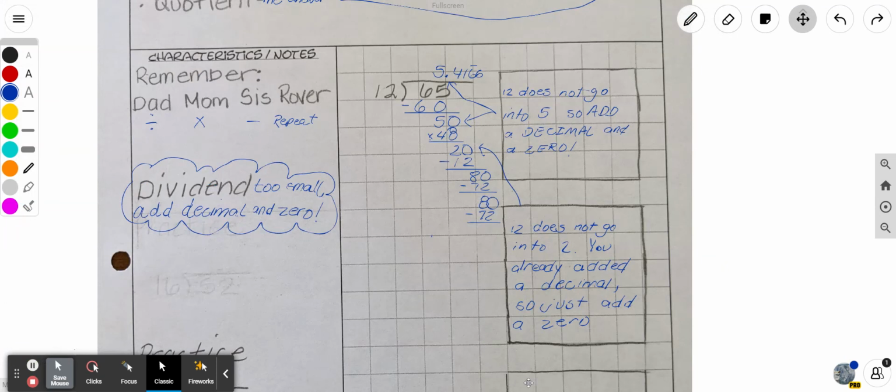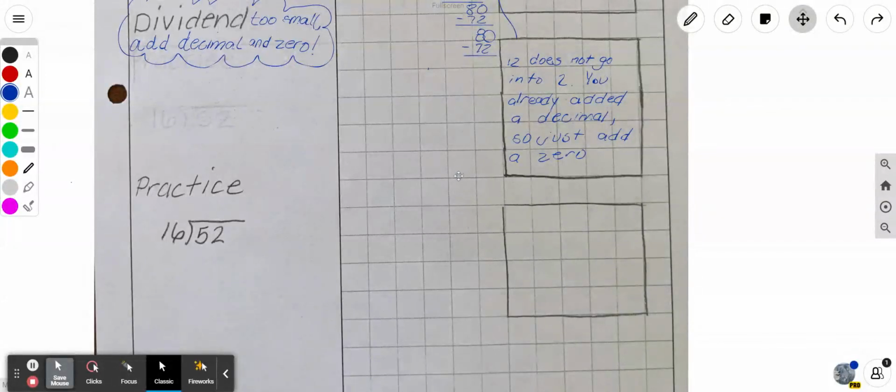And in this last box, we're going to note that we see a pattern where we continually get the answer 8, which we turn into 80, that we have a repeating decimal. So in the box down here, we're going to write, see the pattern that indicates a repeating decimal.